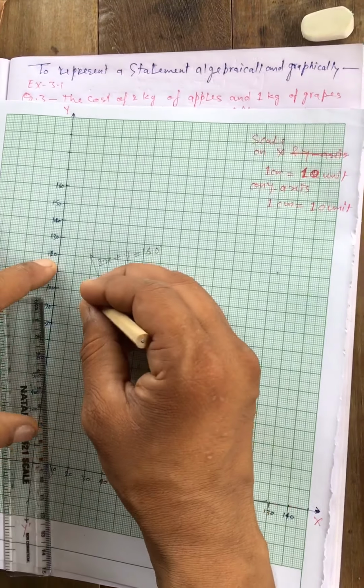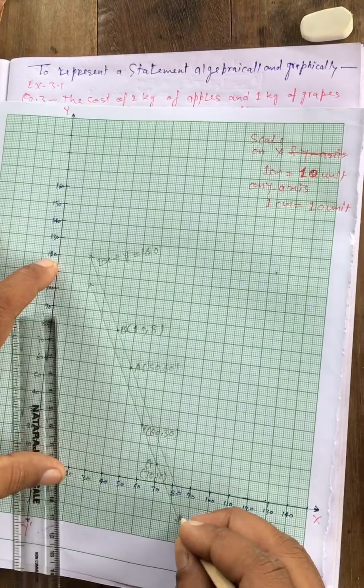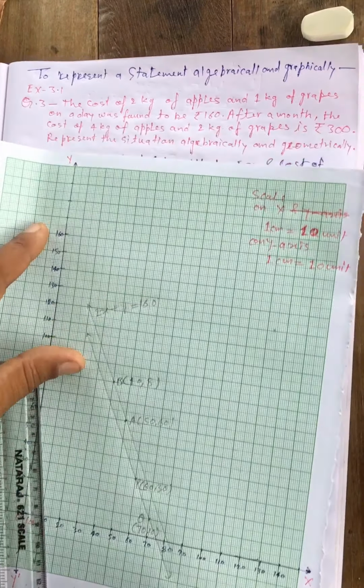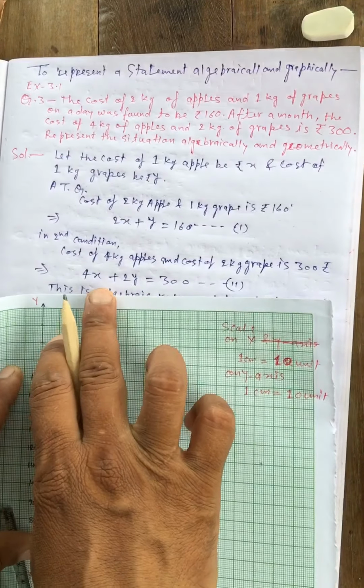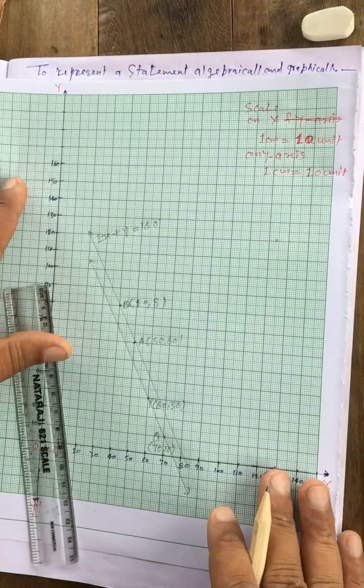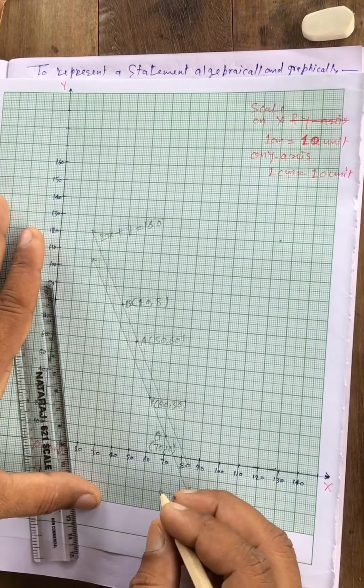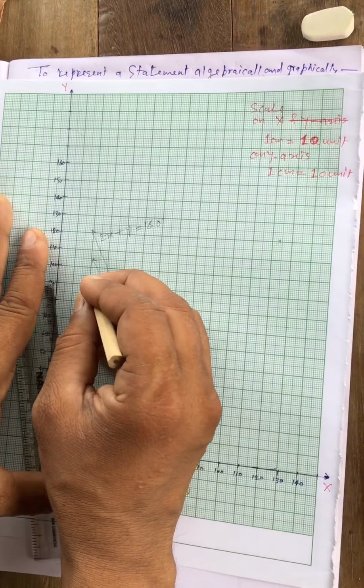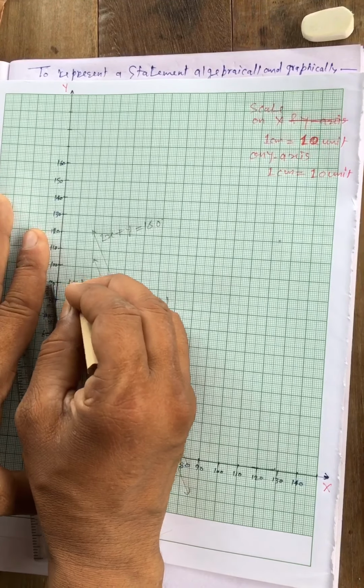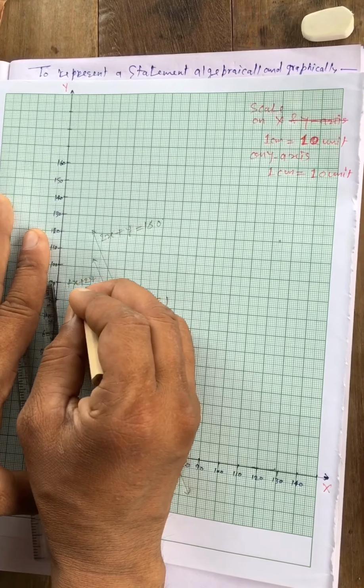This is the geometrical representation of the second equation, that is the equation 4x plus 2y is equal to 300.